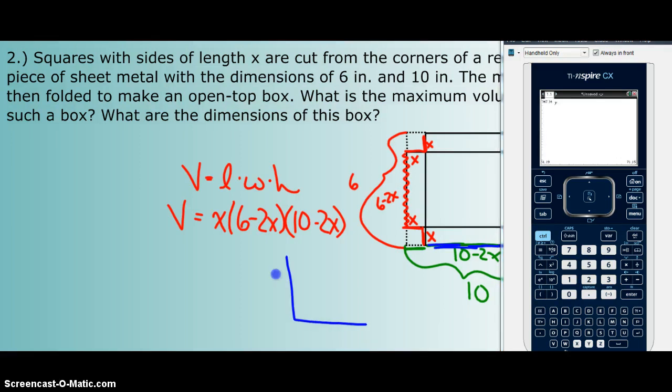So on my graph, we have our great little cubic right here. And I'm just going to put down the dimensions that I used. Here's the max that we want to look for. So I'm just going to go ahead and get that by analyzing the graph with a maximum.